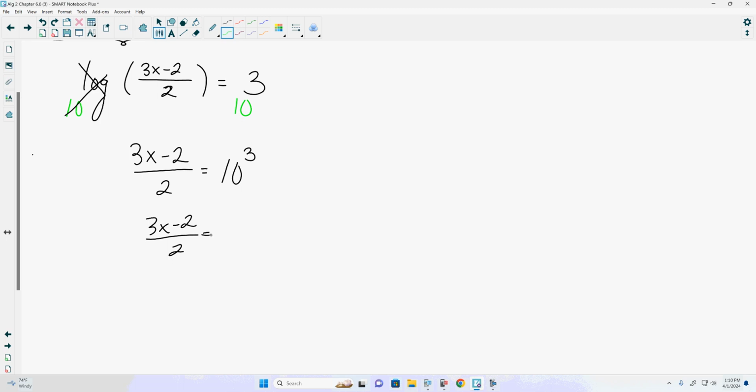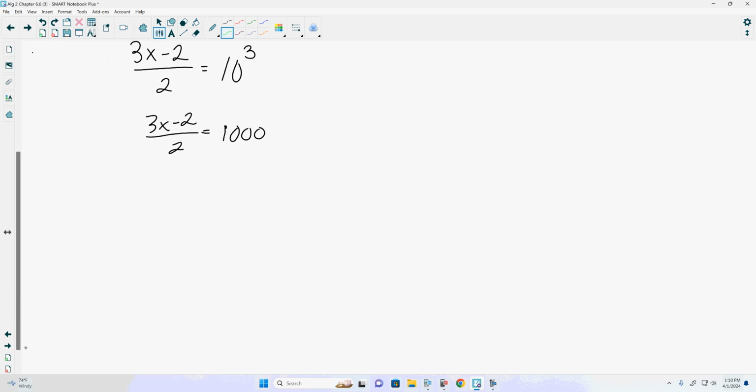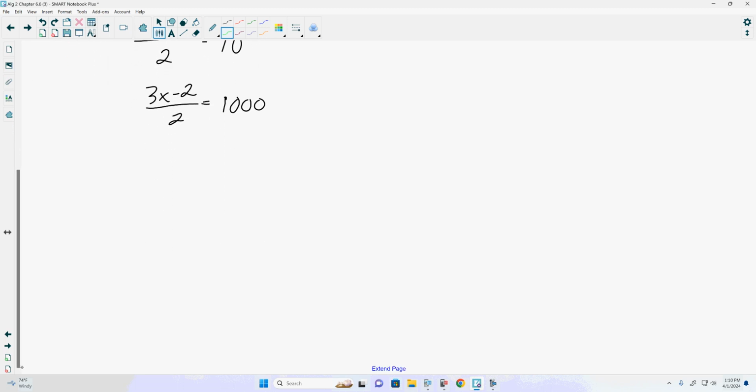What is 10 to the third power? 1,000. It's 10 times itself 3 times. I did it in my head as 100 times 10. Because 10 squared is 100, and then 10 cubed would be 100 times 10. I always do just plus, and then I put in the decimal.